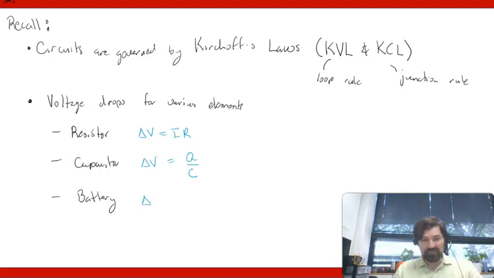So basically delta V will look like EMF minus the internal resistance times the current, but for our purposes here we're going to take the internal resistance to be small. So with that, we're basically ready to analyze a circuit, specifically one which contains a resistor and a capacitor.